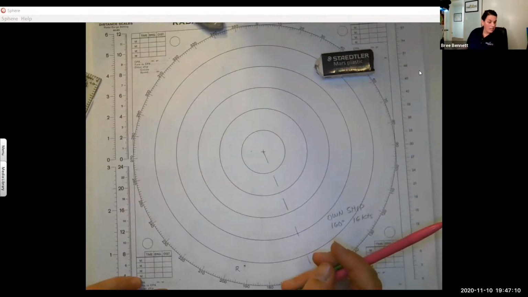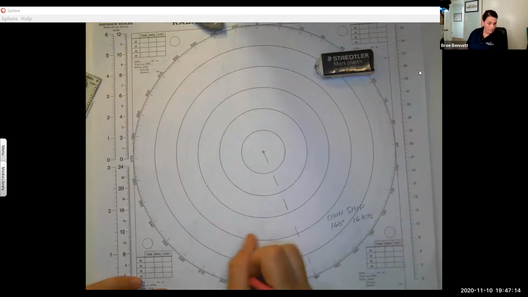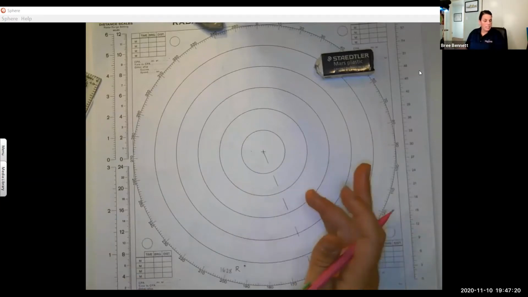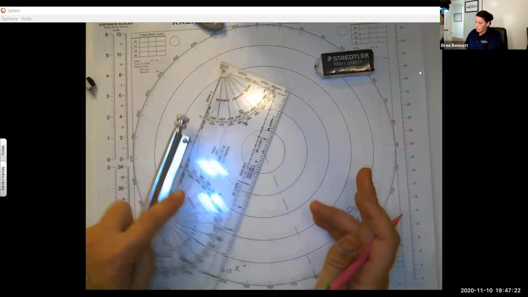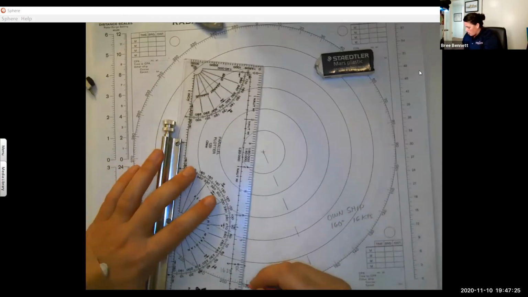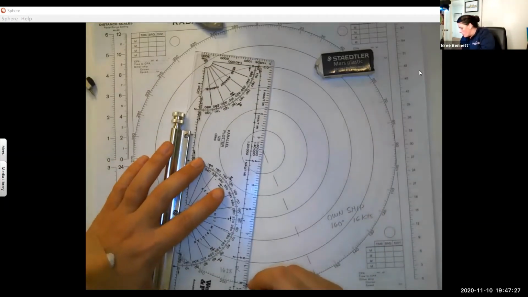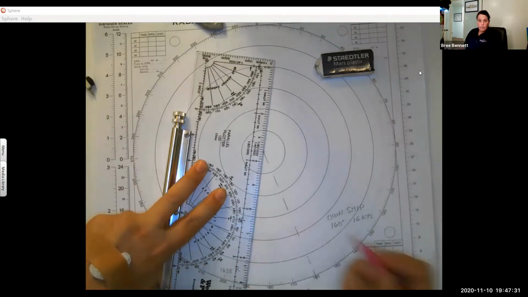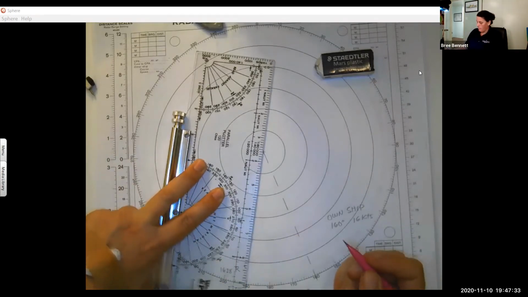And then 6 minutes later, at 1634, we see it again at 190 at 8 miles. I know that 8 miles is going to be right on that radar range ring.